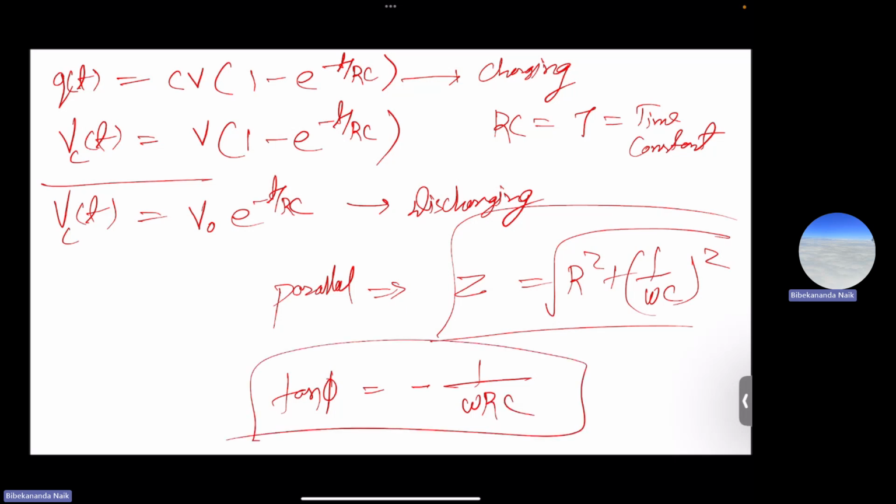The applications are low pass filters, high pass filters, timing circuits, and integrators or differentiators. It is due to the voltage, because current is dq by dt for a capacitor. So depending upon the nature of the capacitor, it is used for different applications.